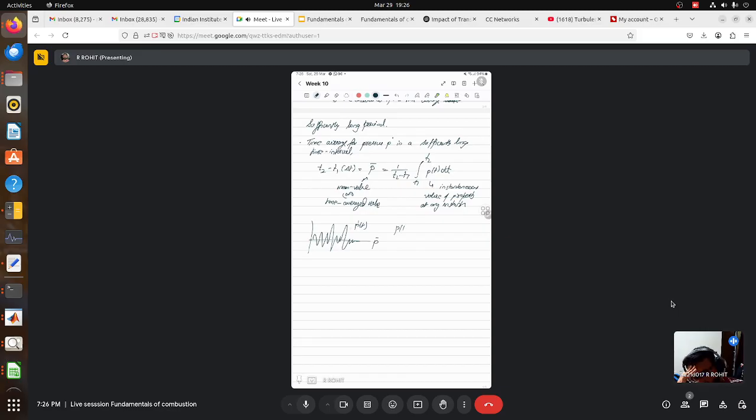So P of t is P bar plus P prime of t. So P prime of t is P of t minus P bar, and similarly for velocity, temperature, species mass fraction, anything you can write in this form.